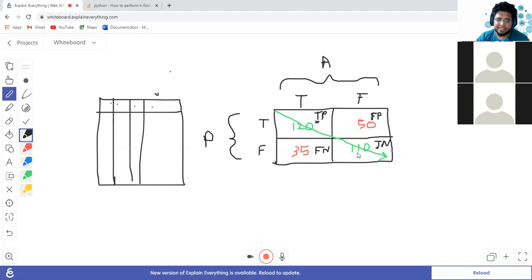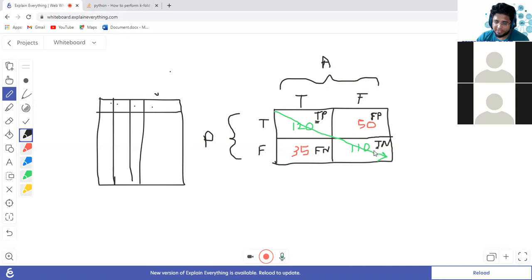I remember it this way. The diagonal boxes, in which the higher the number, the better the value, always start with true, right? So true positive, true negative.